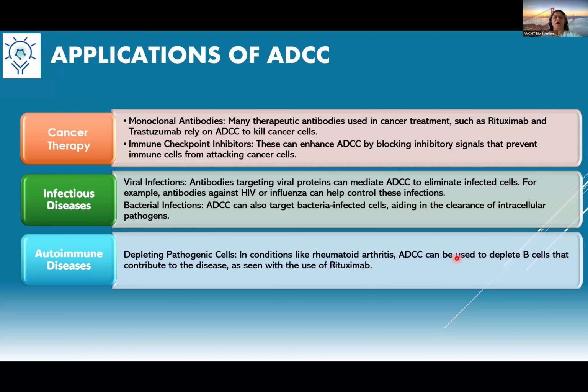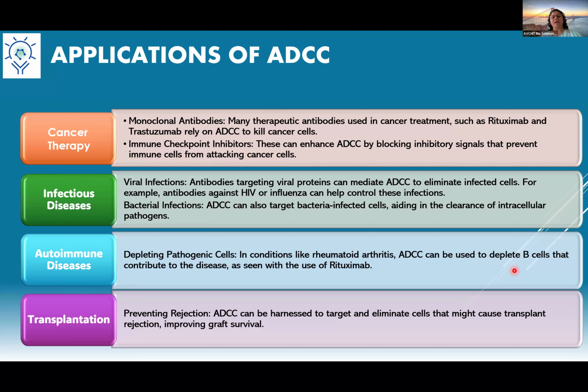In autoimmune disease, in certain cases like rheumatoid arthritis, ADCC can be used to deplete B cells that contribute to the disease, as we have seen in case of rituximab, and can be utilized in a way where ADCC enhances and gets rid of the cells that can cause autoimmune conditions.